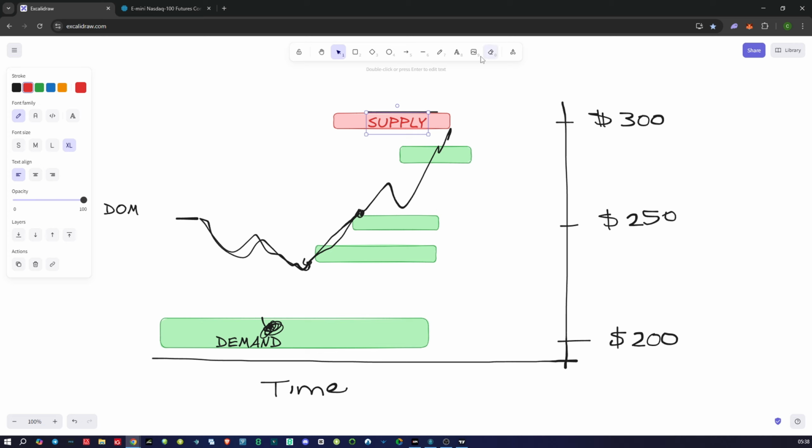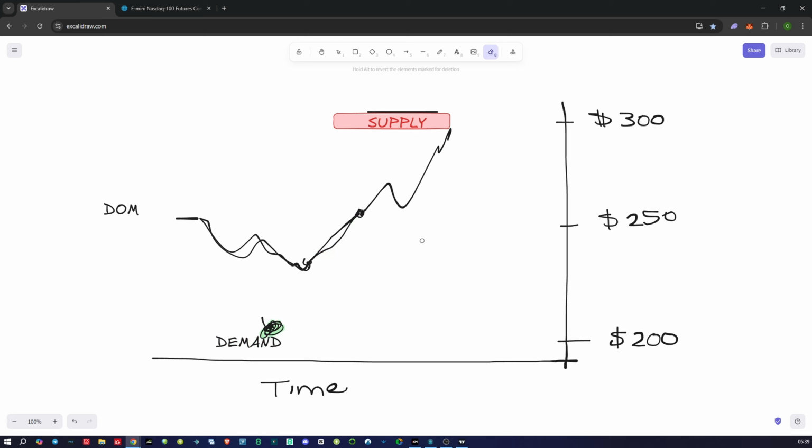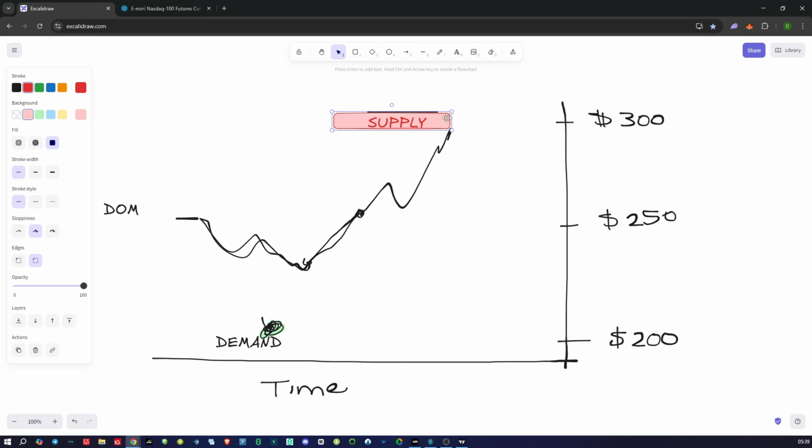Okay, so if there was nothing in the market, like I said earlier, if there is no demand and only supply, let's say this happens after this price movement. This was the price chart, okay? Now, all of a sudden, we get a lot of people, because the market changes the whole time, and we see this.